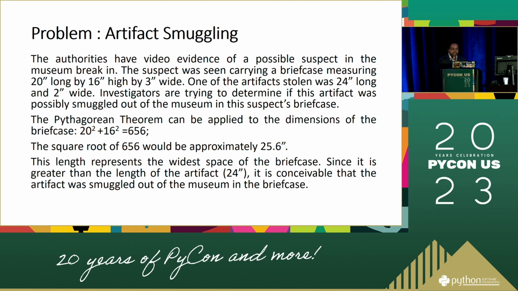Now if we consider the artifact's dimensions, we may not be able to fit the artifact in the horizontal or vertical direction, but definitely we can fit it in the diagonal direction. Because of that, we can conclude that the artifact was smuggled.